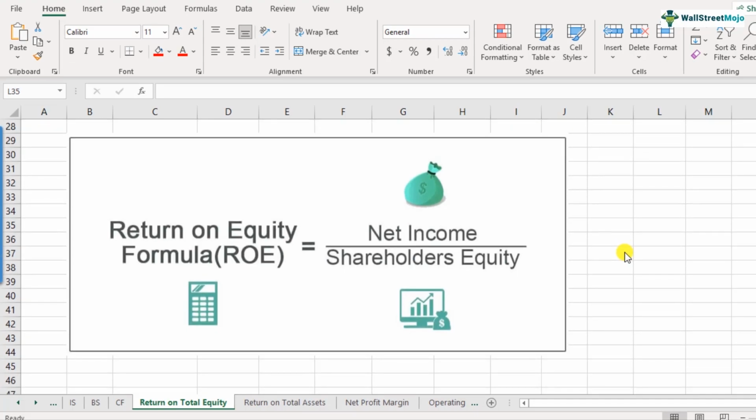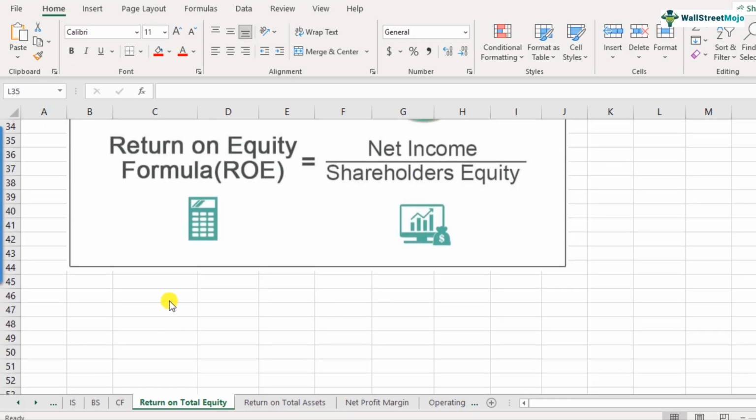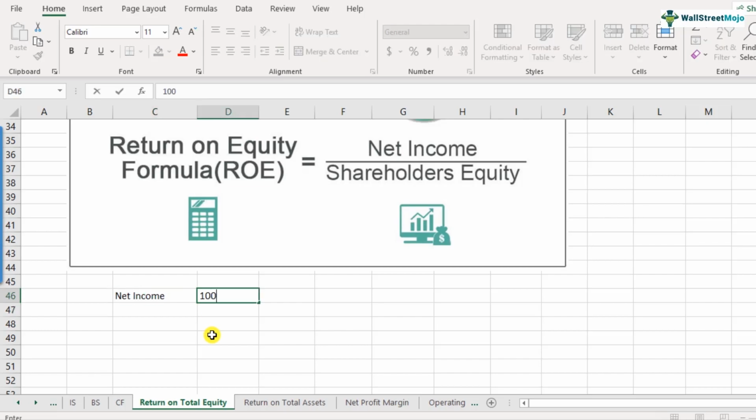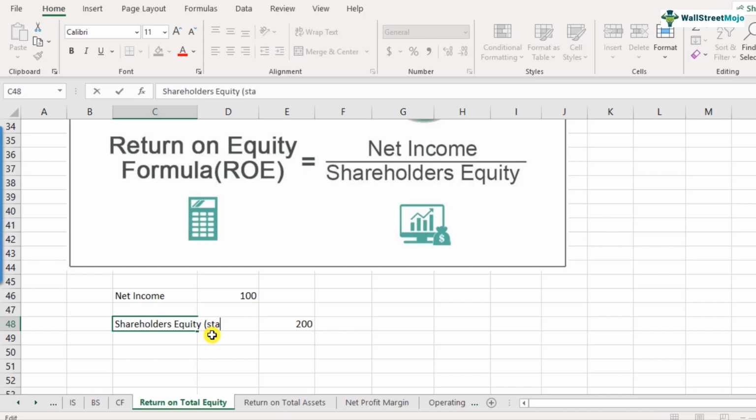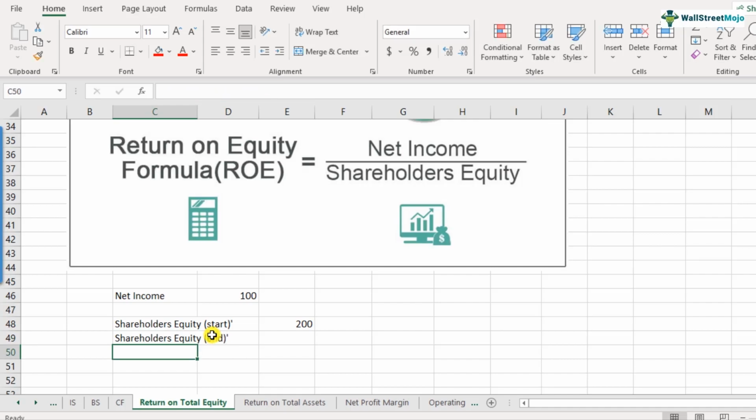Let's assume there's a company whose net income is, let's say, $100, and shareholders' equity at the start is, let's say, 200, and at the end it is 500. As I said, the shareholders' equity number has to be the average of the two.